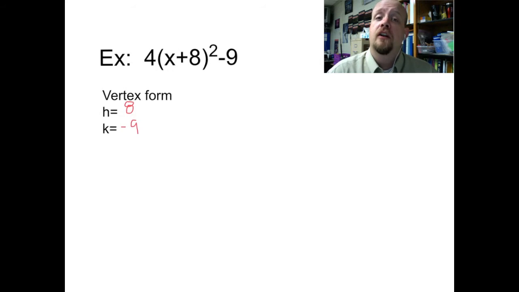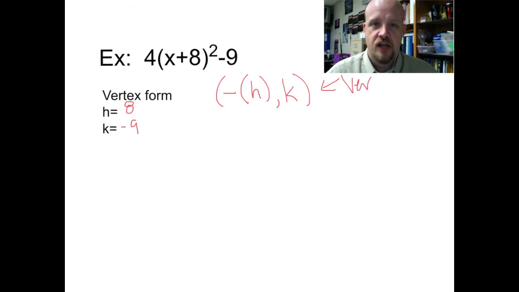Remember that the vertex is the point negative h, comma, k. But we don't want the vertex, we want the axis of symmetry, which is only that x value.